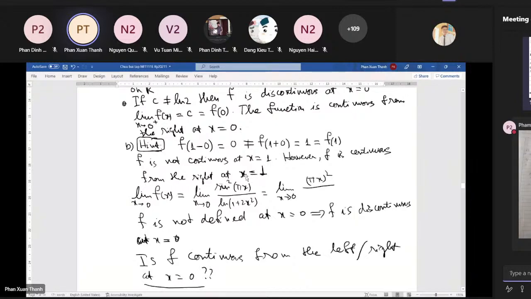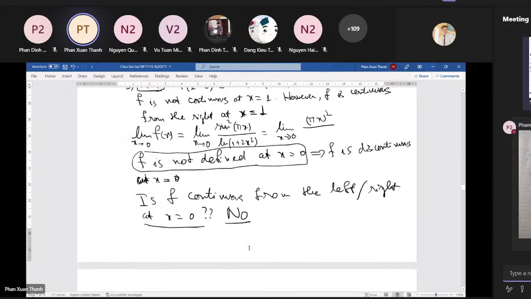Yes or no? I think no. Why? Because f does not exist at x equal to 0. Yeah, because f is not defined at x equals 0.